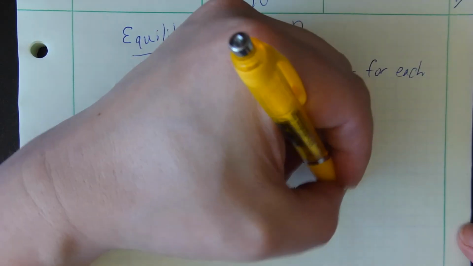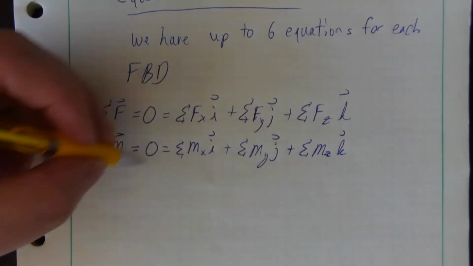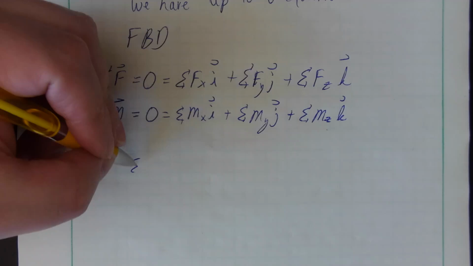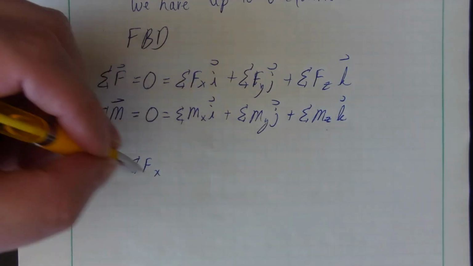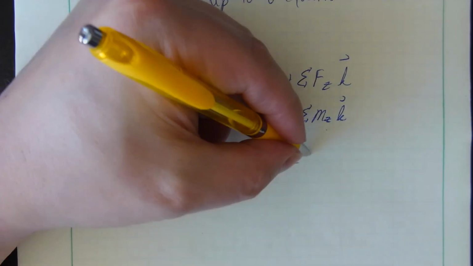If I add up all moments, or torque, torque for the physicist, or if I'm dealing with motion, if I add up all of the moments in all 3 directions, those should be 0. And again, 6 equations, meaning I can pull each one of these. I can say, sum of forces in the x, that has to equal 0. Sum of moments in the x direction, that has to equal 0.